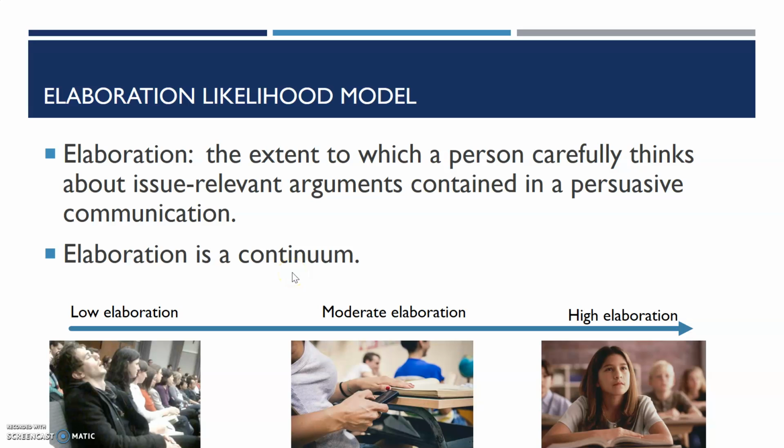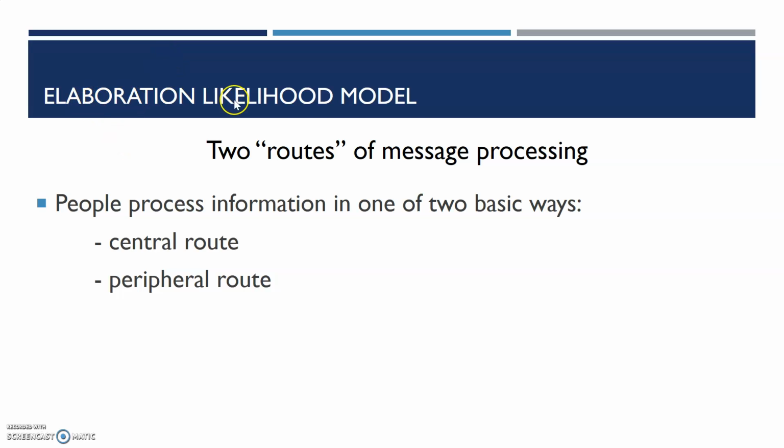After we understand the term elaboration, we're going to look at the general picture of the elaboration likelihood model, or ELM for short. This ELM proposes two major routes of message processing, which may lead to persuasion.